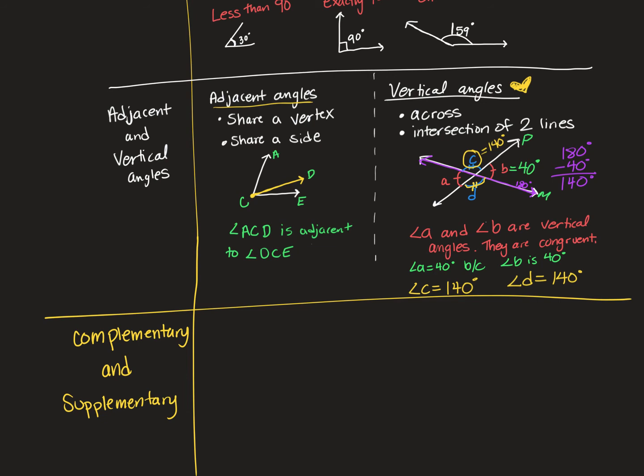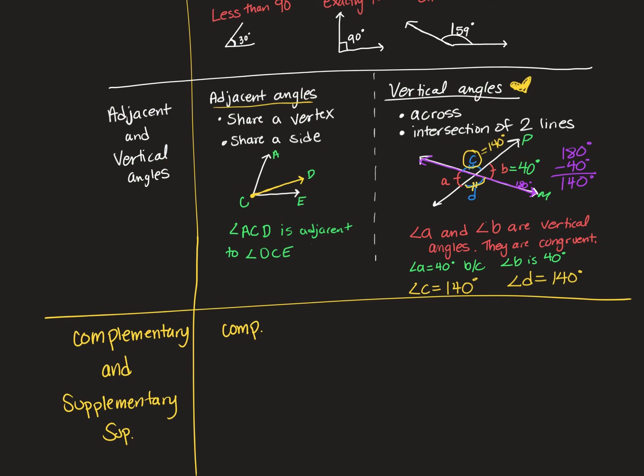I don't want to write down complementary and supplementary every time in the notes, so we're going to abbreviate this. I'm going to write comp whenever I write complementary angles, and sup for supplementary. Okay? You guys will have to know the difference.